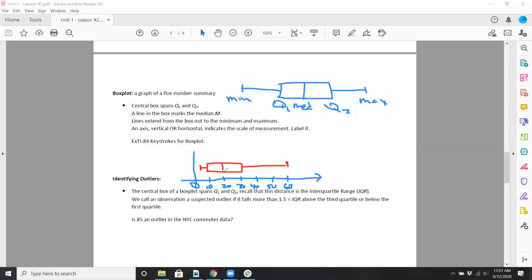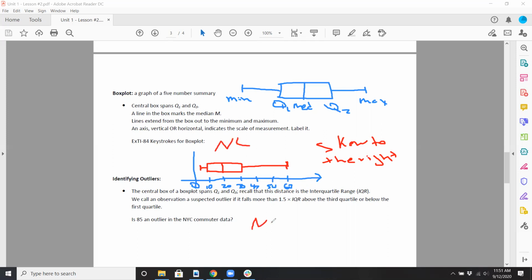Our median was 20. So what this kind of shows us is that we tend to see a bit of a skew to the right, because we see the max going all the way out to the right there, where a lot of the data is kind of concentrated in this region over here. So that's how we do it for North Carolina.